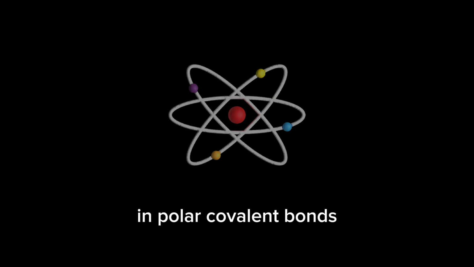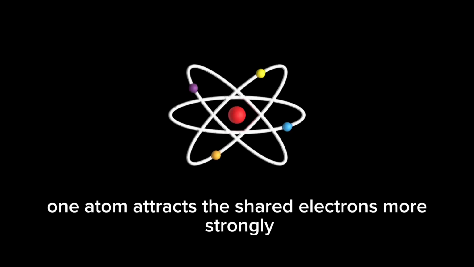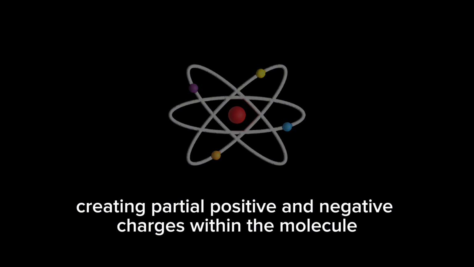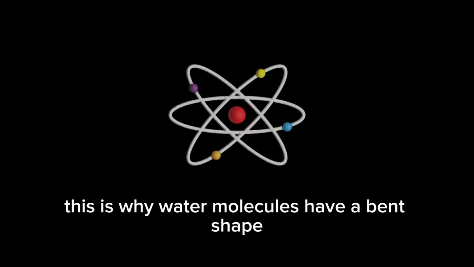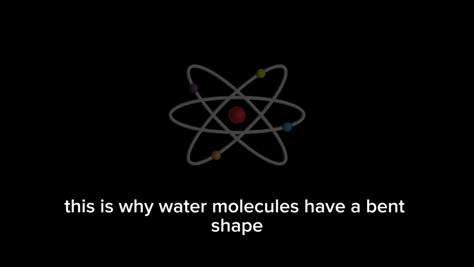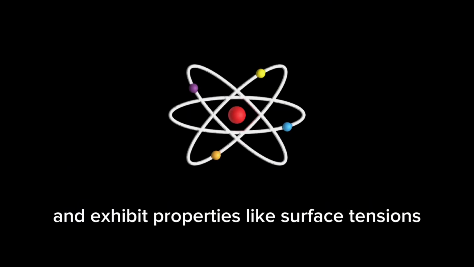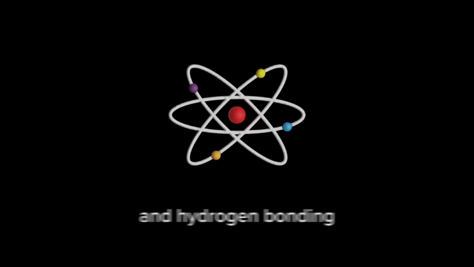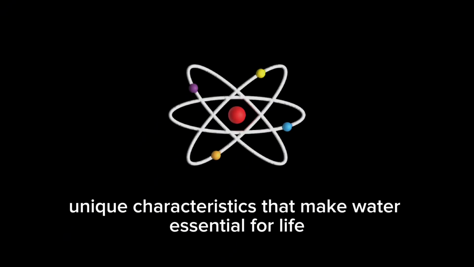In polar covalent bonds, one atom attracts the shared electrons more strongly, creating partial positive and negative charges within the molecule. This is why water molecules have a bent shape and exhibit properties like surface tension and hydrogen bonding, unique characteristics that make water essential for life.